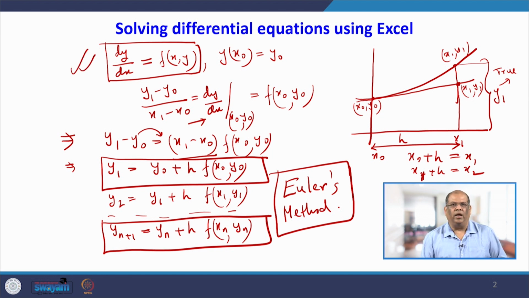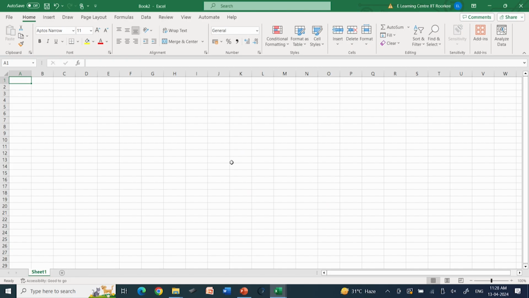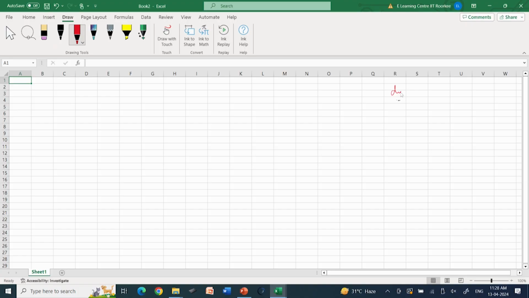Now, let us do this in Microsoft Excel. You have to just remember this formula. Before I continue, let me rewrite the formula here for convenience. So, if my differential equation is dy/dx = f(x, y) with y(x0) = y0, then the formula for getting y1 is y1 = y0 + h f(x0, y0).